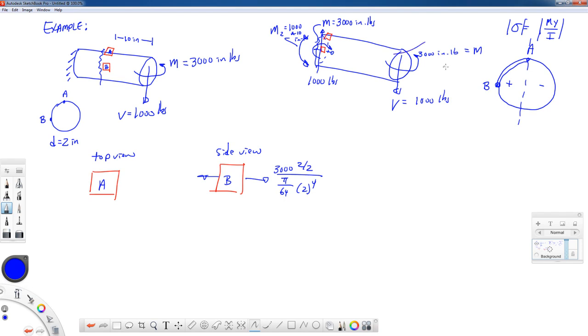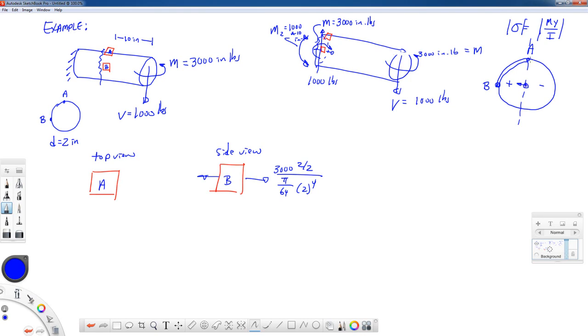At point A, that bending moment does not cause any stress. Point A lies on the neutral axis of bending for the 3,000 inch-pound moment. Another way to think of that is, as far as the moment is concerned, this is the y distance to point B, and we're starting here at the centroid.